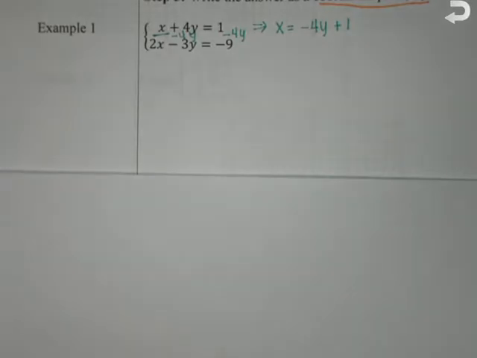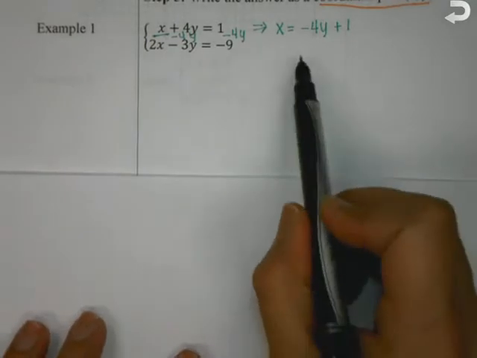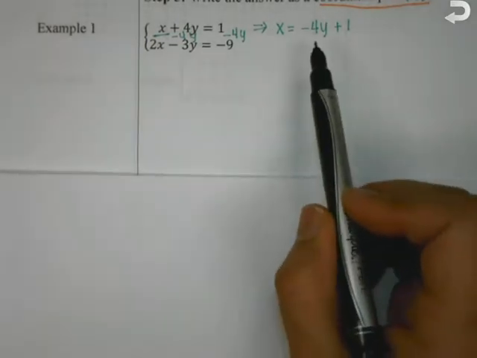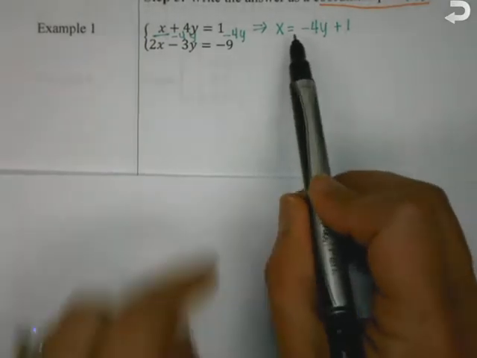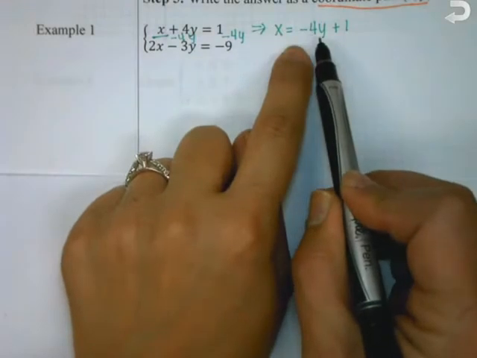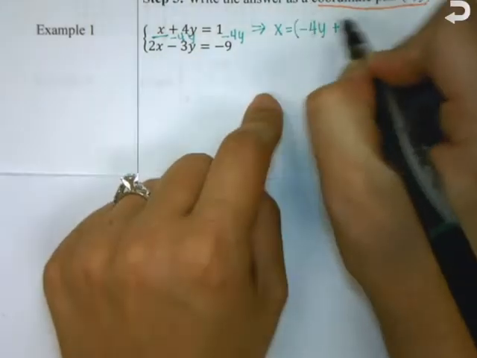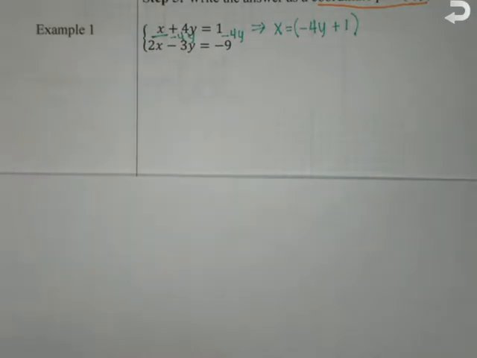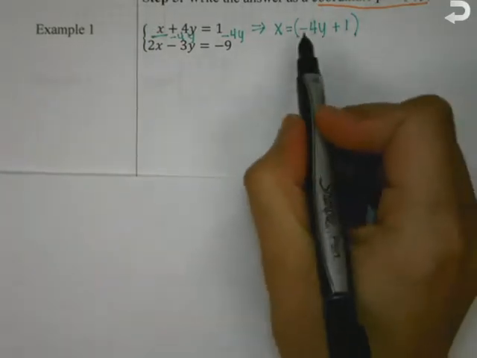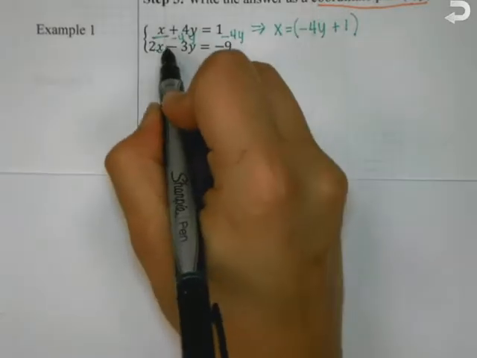So now I have this guy. So here I have x equals negative 4y plus 1. So what I'm going to do is take this negative 4y plus 1 and stick it in parentheses because we want to keep it all together. And we're going to cut and paste it into x in the second equation.